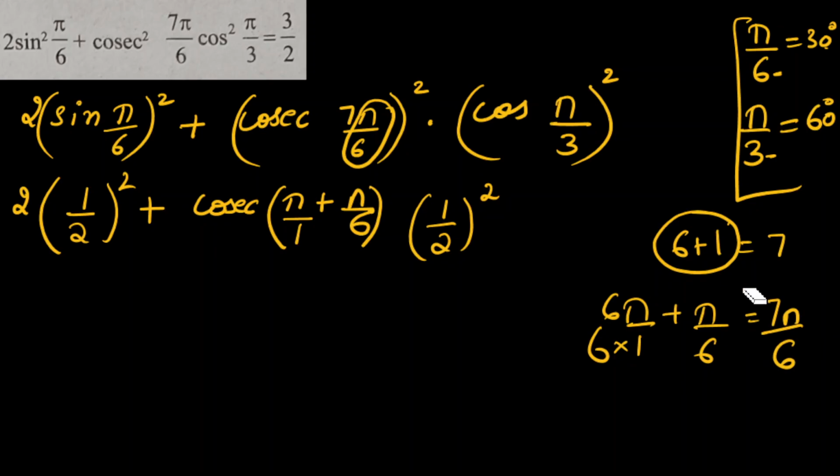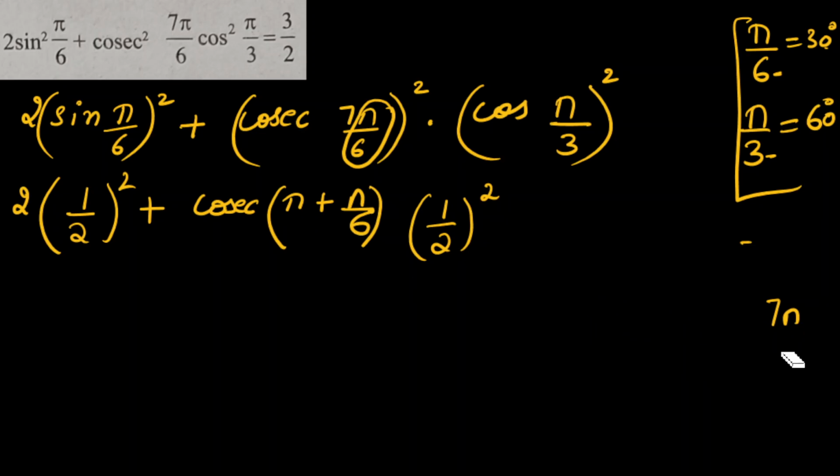That is how we molded 7 pi by 6 as pi plus pi by 6. When you do more questions, you will always get the idea. From the denominator you always think: 6 into 1 gives 6, so that's why we write 1 pi here. Pi means 1 pi, and pi by 6 comes as it is.